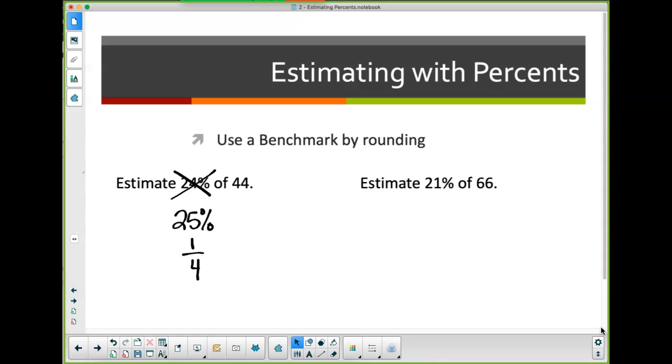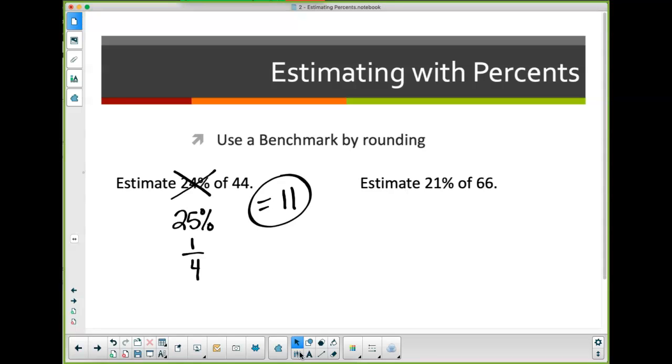Can you do 44 divided by 4? That is 11. So there's a possible answer. Now, some of you might have said, I didn't even think of that. Could I have made 44 a nicer number? What could you have put 44 at? What would be nicer than 44?